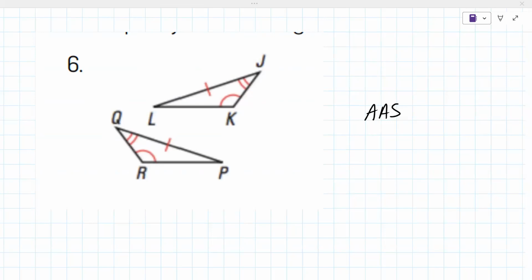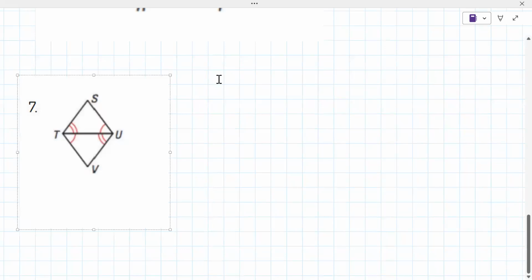All right, number 7. What do you see here? Well, there's two angles here, but you see the T to the U?